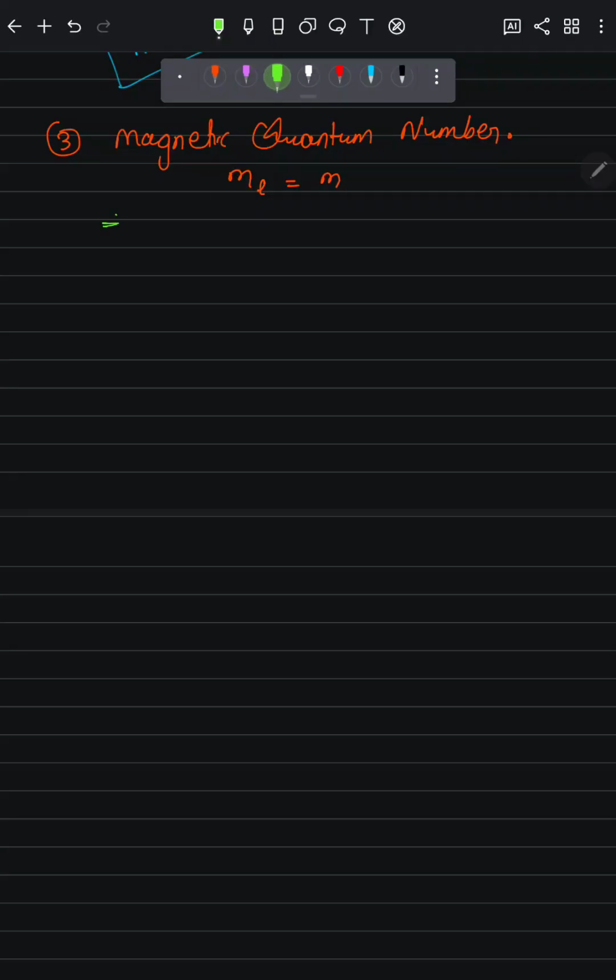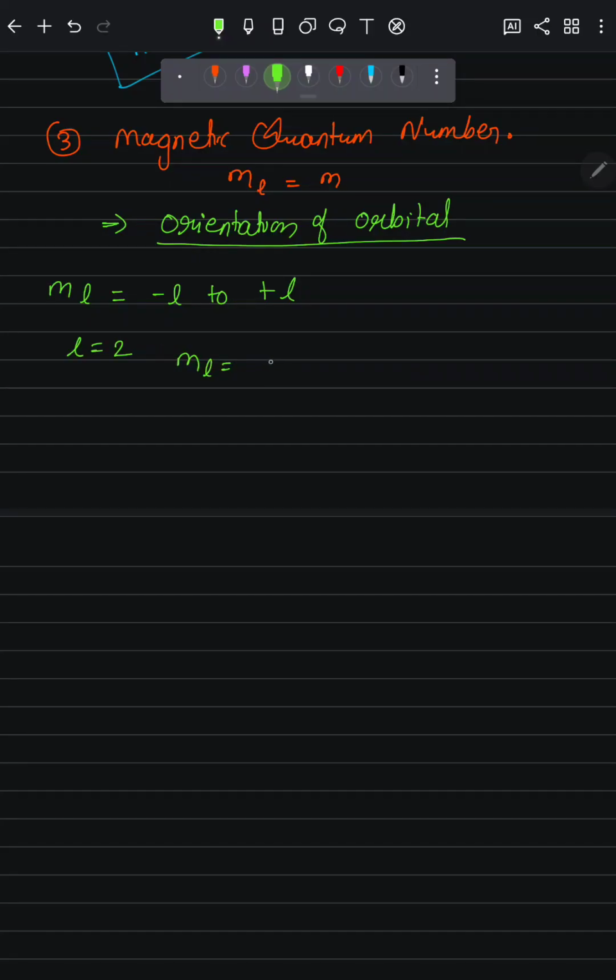This will tell us about the orientation of orbitals, which means the ml value is equal to minus L to plus L. If L is equal to 2, then ml is equal to minus 2 to plus 2: minus 2, minus 1, 0, plus 1, plus 2.